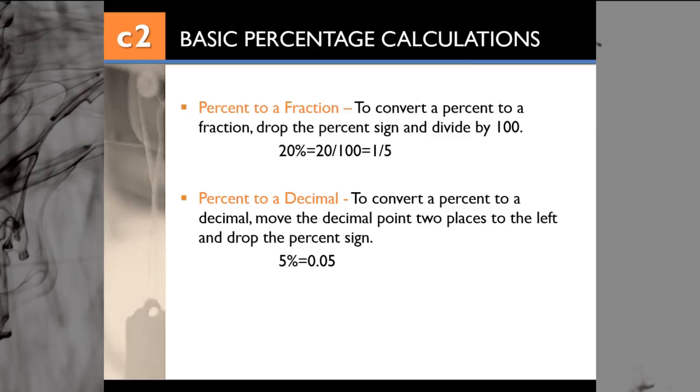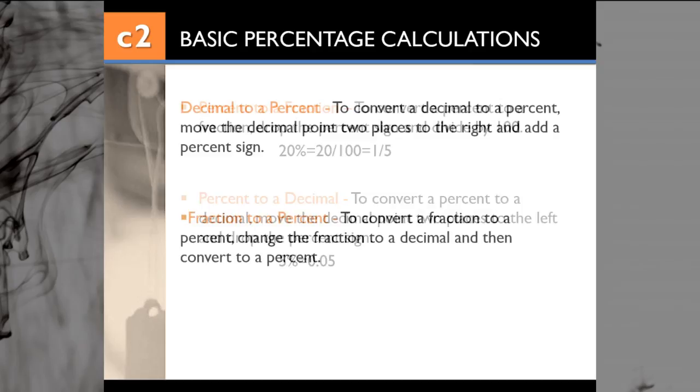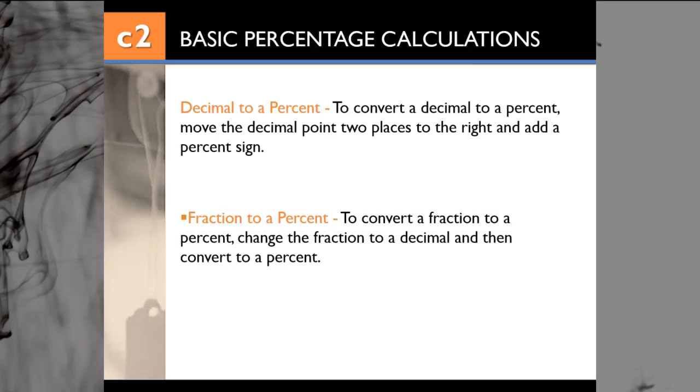And vice versa. If you want to change 0.05 to a percent, you multiply by 100. So you need to be able to change numbers between different formats: percent to fraction, percent to decimal, decimal to percent, and fraction to percent.